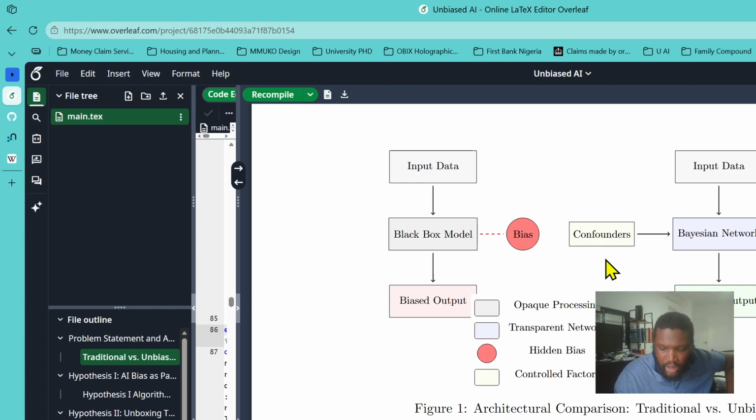The confounders are things that were formalized in the case study, how they fit into the case study.